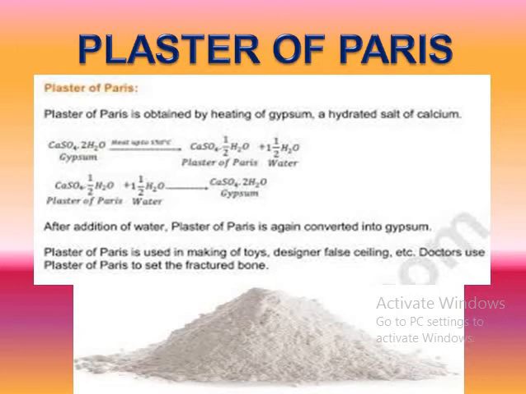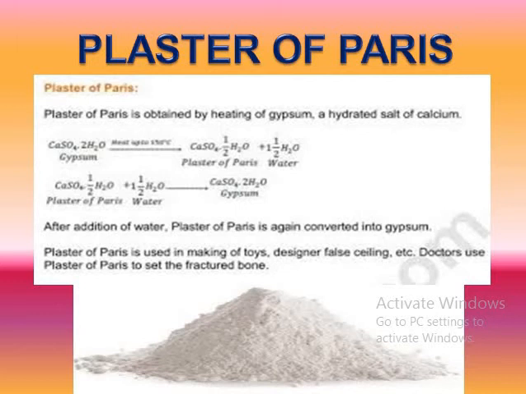POP is used for making toys, decorative items, plastering of bones, which you have seen. And it has a very important property of converting itself back into gypsum. If you leave POP like that, it will soak the water molecule from the environment and it will change back into gypsum, that is CaSO4.2H2O.